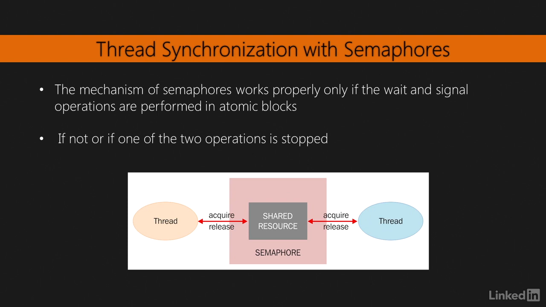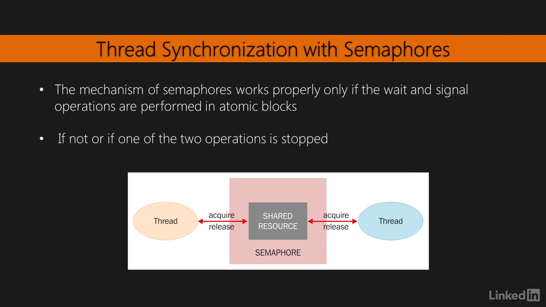Also assume that after the first thread has decremented the semaphore from 1 to 0, the control goes to the second thread, which decrements it from 0 to -1 and waits because of the negative value of the internal variable. At this point, with the control returning to the first thread, the semaphore has a negative value and therefore the first thread also waits. Therefore, despite the semaphore having allowed access to a thread, the fact that the wait operation was not performed in atomic terms has led to a stall.